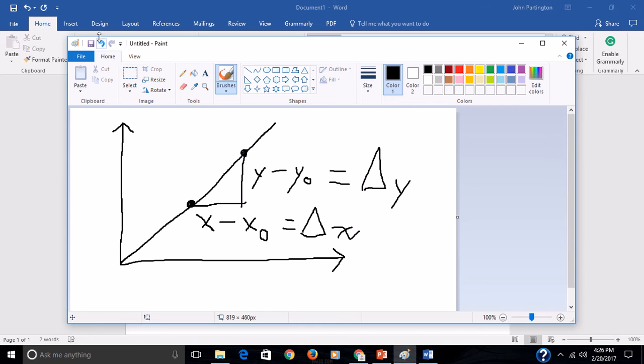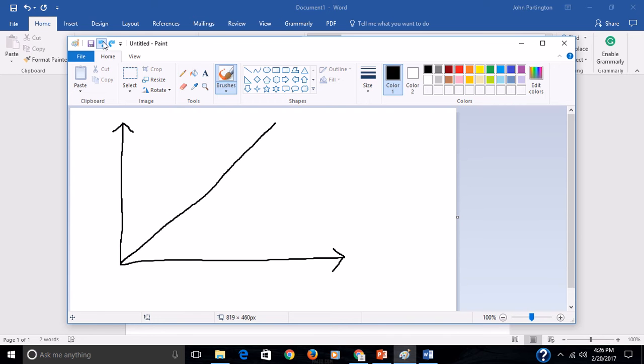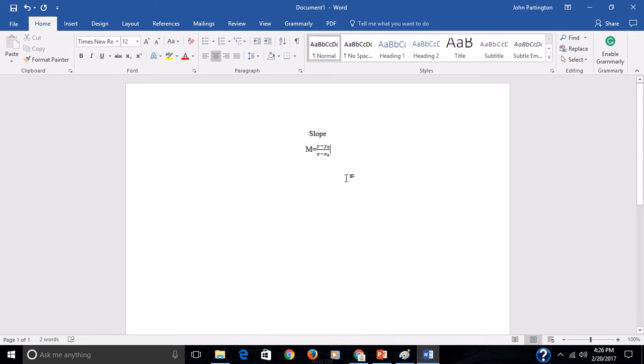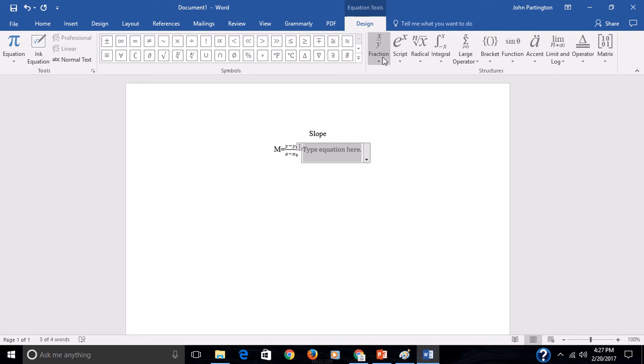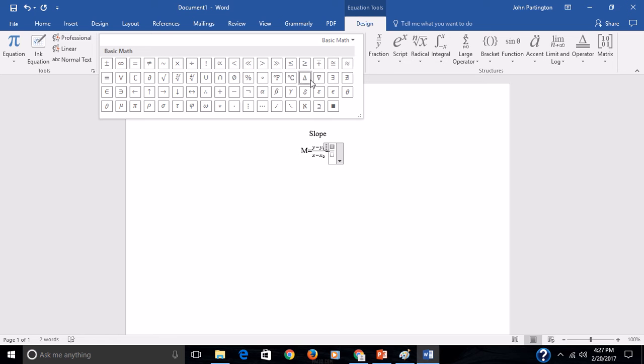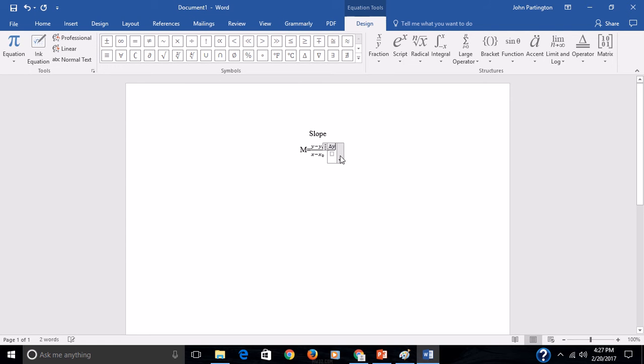Now, that brings us back to the original formula. Here we are going to have delta y over delta x.